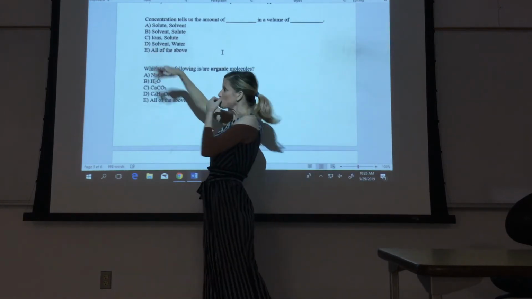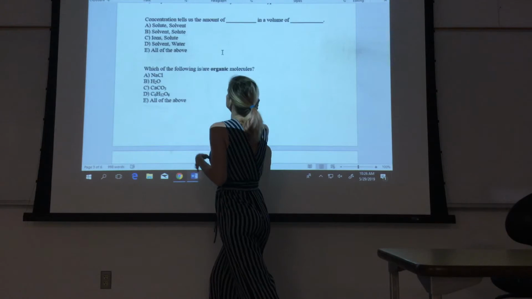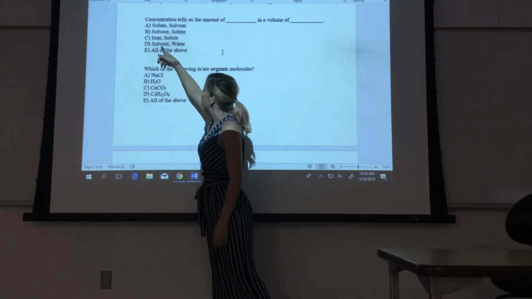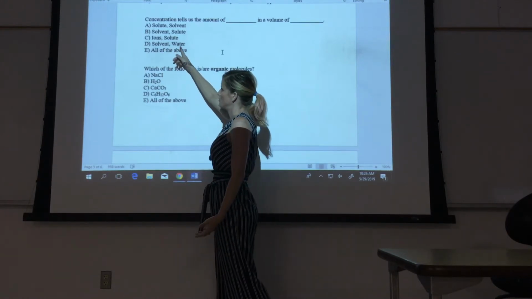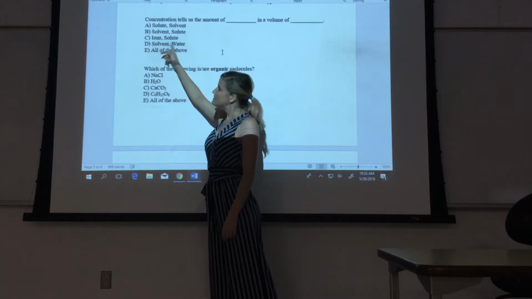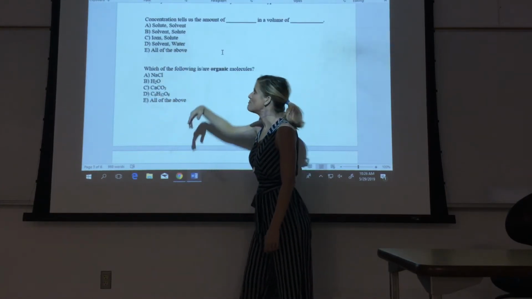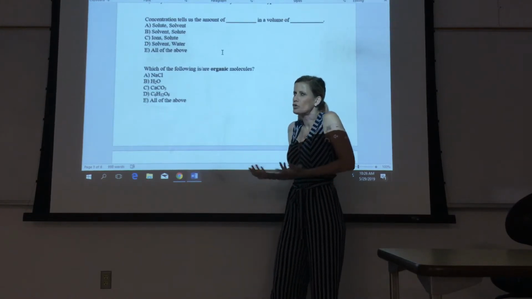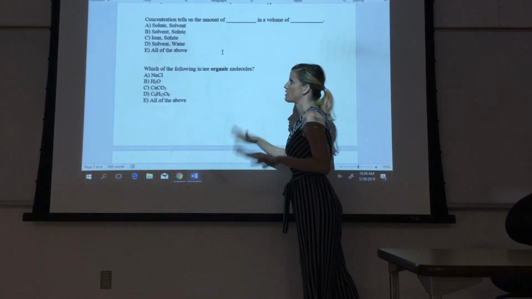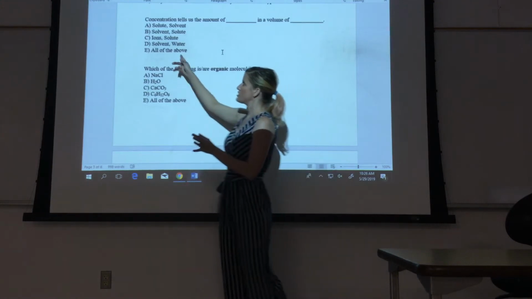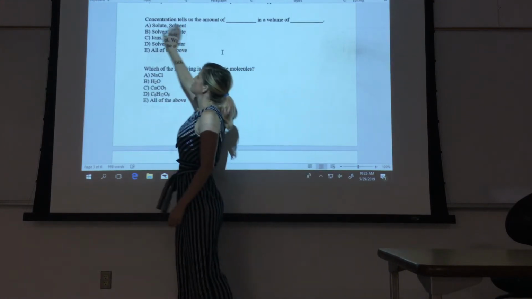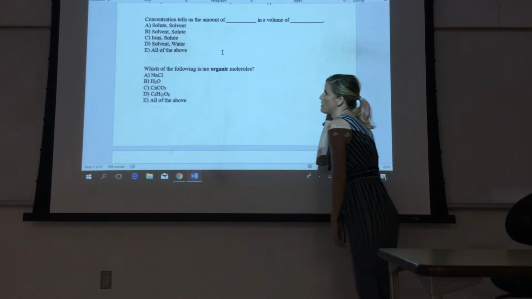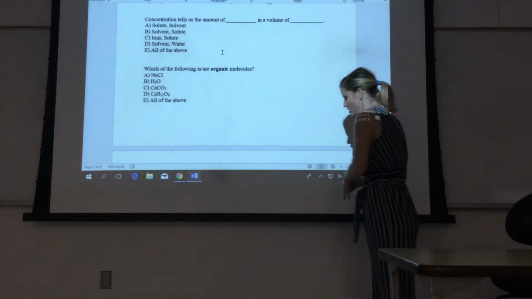Same thing with D. D says concentration tells us the amount of solvent in a volume of water. So solvent is the water. If this said the amount of solute in a volume of water, that would be correct, right? That would correlate with concentration, but that's backwards, so that's not the answer. And then all of the above, no. Right, so the answer is A. Concentration tells us the amount of solute in a volume of solvent.